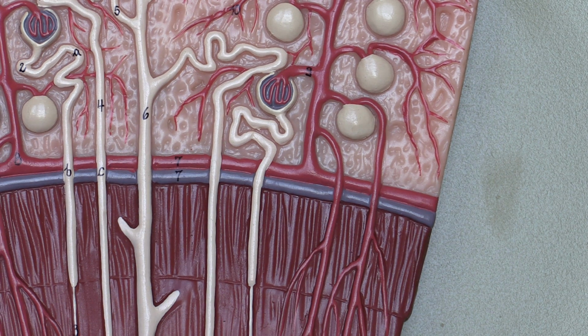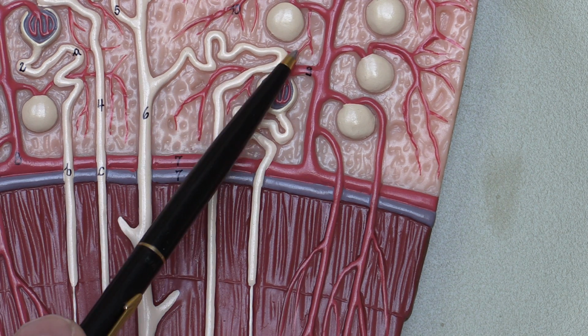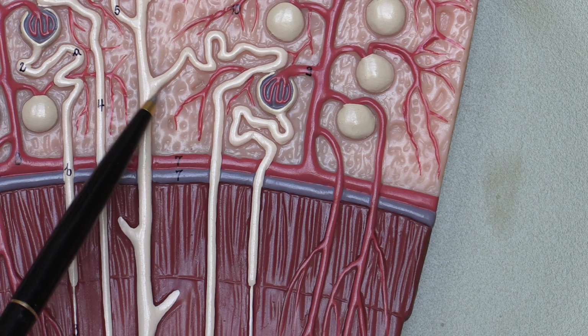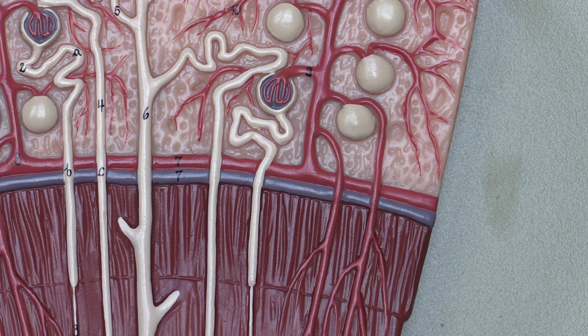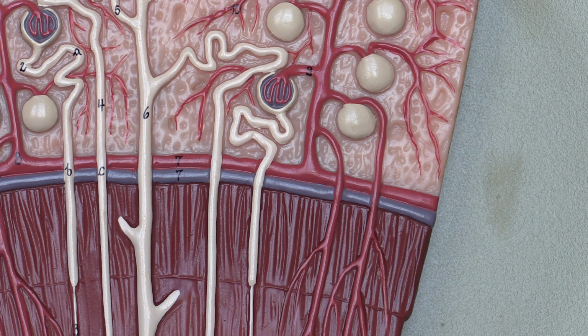And then we notice the distal convoluted tubule here, before this also drains back into the collecting duct. So that's a juxtamedullary nephron. And they have an ascending thin tubule as well as a thicker tubule. Actually, the lumen inside is the same thickness, it's just the thickness of the wall that varies.